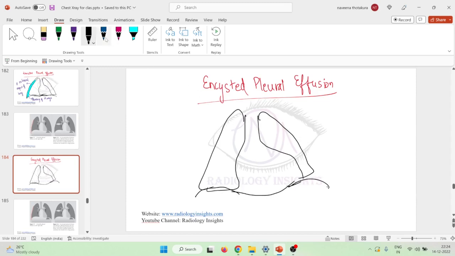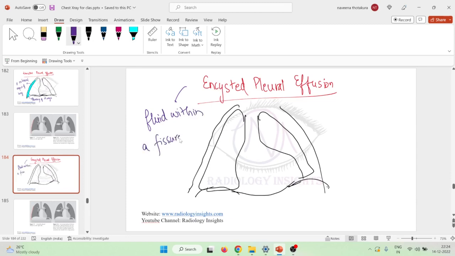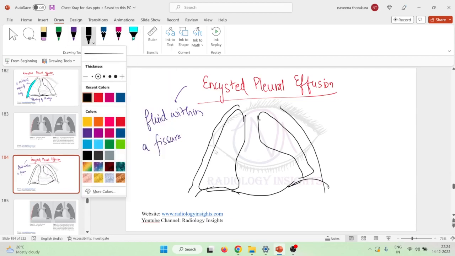Now, the difference is that in encysted pleural effusion, the fluid is accumulated along the fissure. The fluid is located within a fissure. So, for example, we have a horizontal fissure here, right?